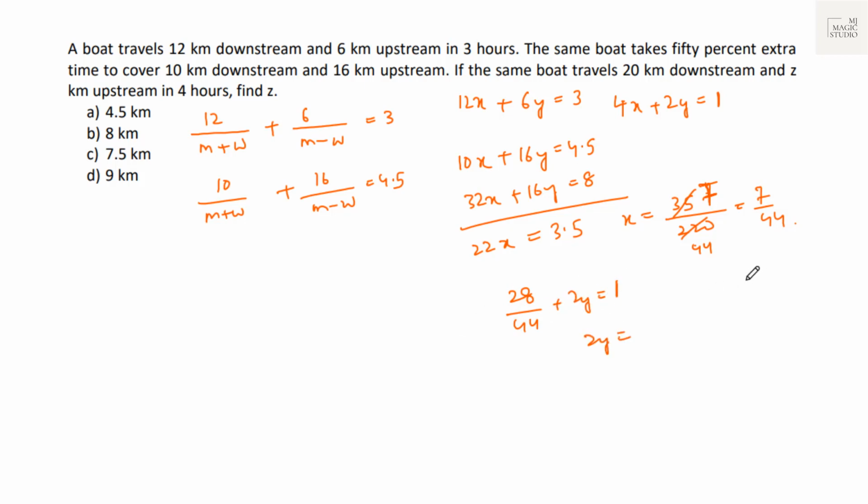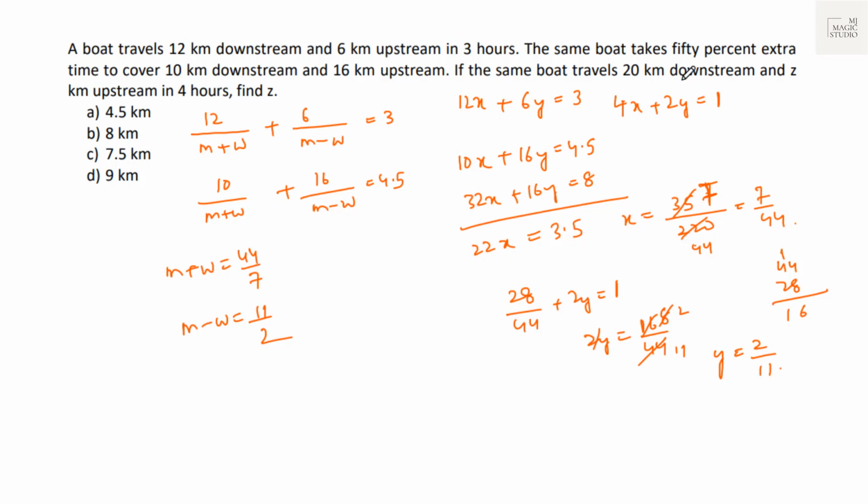So 2y is 44 minus 28 over 44, that will be 16 by 44, which is 4 by 11. So y is 2 by 11. So m plus w is 44 by 7 and m minus w is 11 by 2.